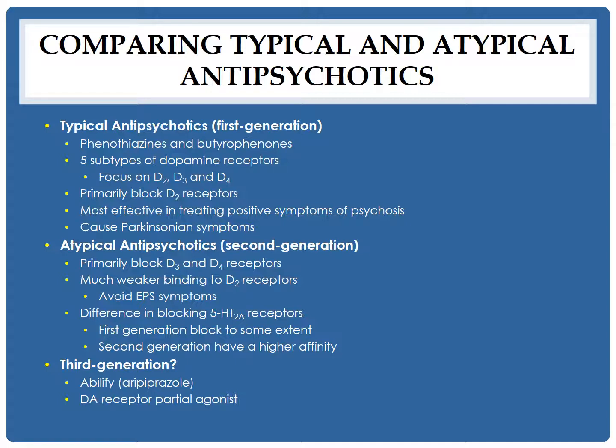Abilify, or aripiprazole: some people consider this to be a third generation drug, but many still consider it to be a second generation drug. But it does work differently than other atypical antipsychotics. It's a partial agonist at D3 and D4 receptors. So it binds the receptor and has a partial, or modulated, effect compared with dopamine binding to the receptor.